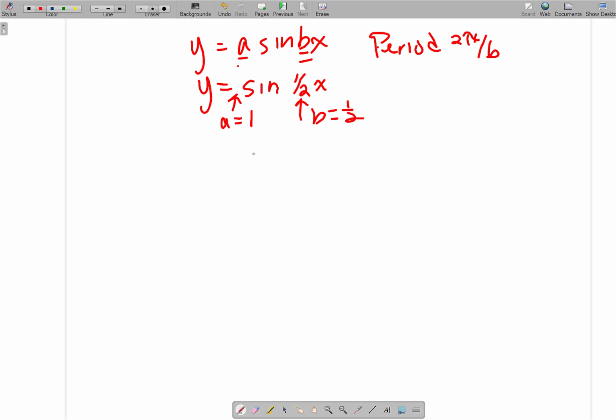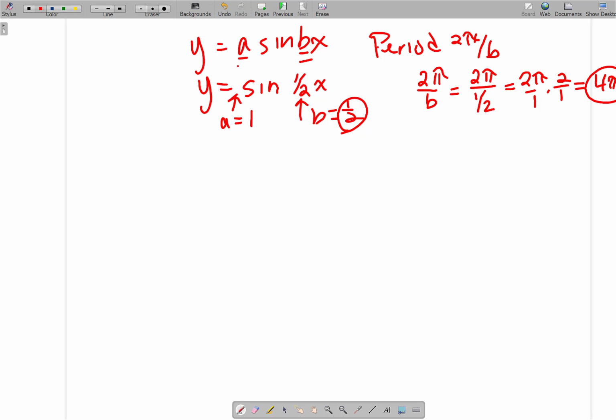To find our period, we know that we have to take 2 pi over b, which is going to be 2 pi over 1/2. Remember, keep, change, flip. So you would get 2 pi over 1 times 2 over 1 equals 4 pi.